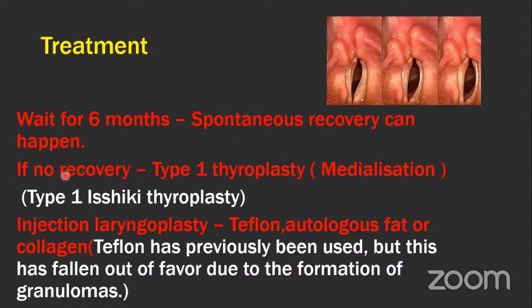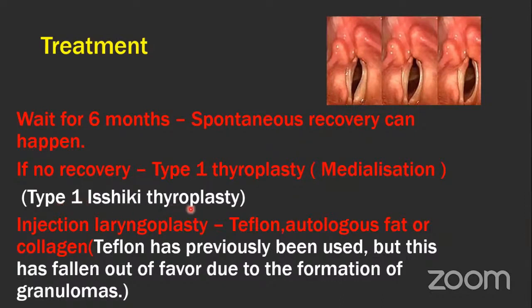The surgery of choice is type 1 thyroplasty, that is medialization. From the lateral position, this vocal cord has to be medialized. So type 1 Isshiki thyroplasty, or medialization thyroplasty, is the surgery of choice. Remember this.